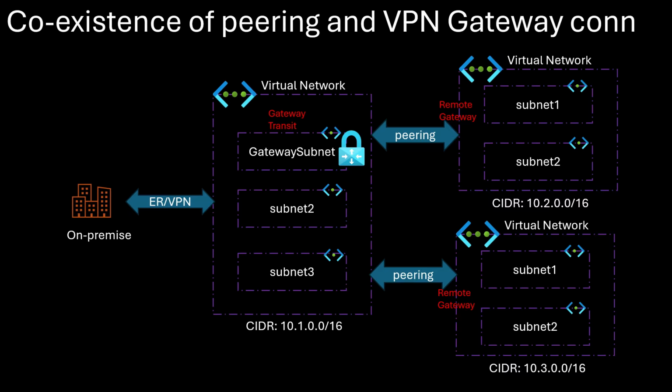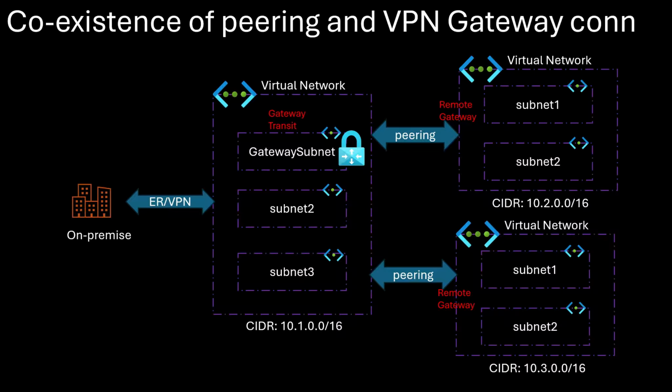Instead of creating a separate gateway for each new virtual network, you can simply peer them to the transit network. This keeps your architecture clean, minimizes complexity, and reduces the overhead of managing multiple gateways while ensuring secure and efficient connectivity across your organization.